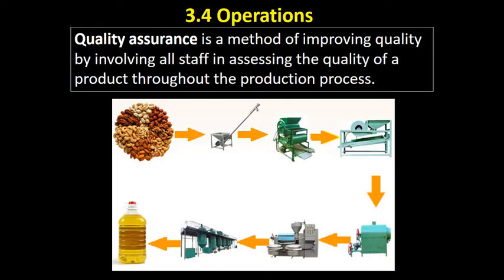So quality assurance is different to that in that you involve all of the staff in assessing the quality of a product throughout the production process. You may even get rid of the quality inspector altogether. The inspection of quality is going on throughout the production process.